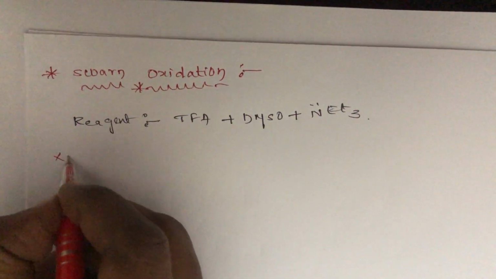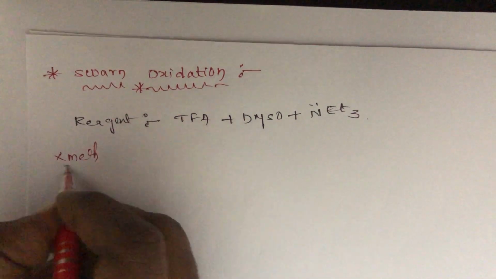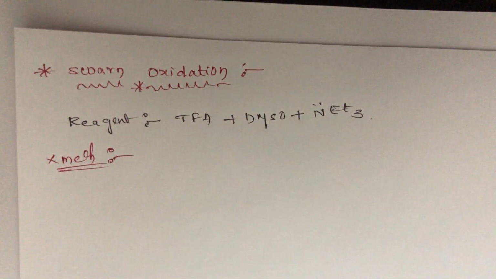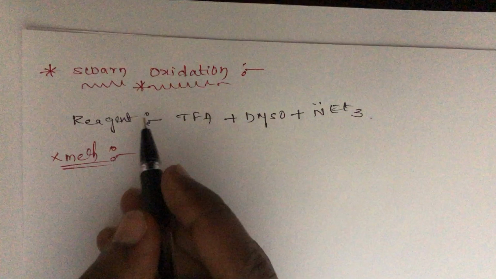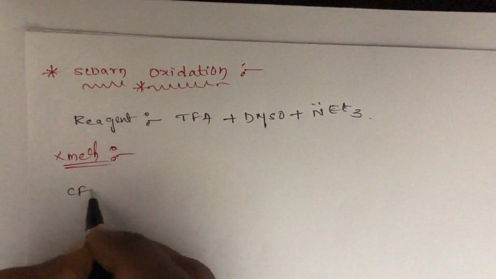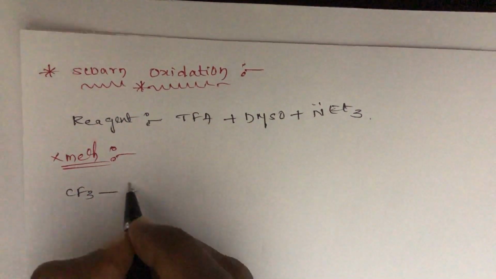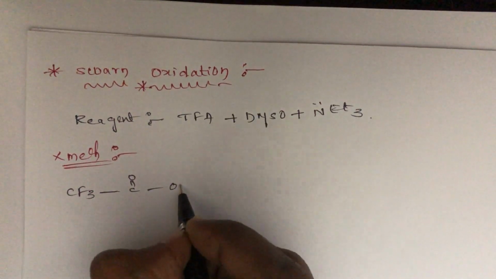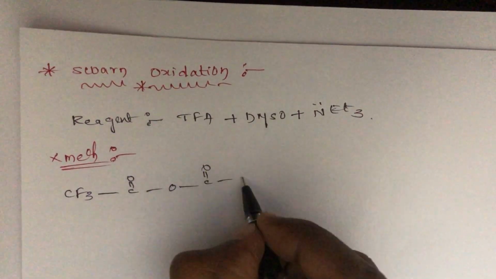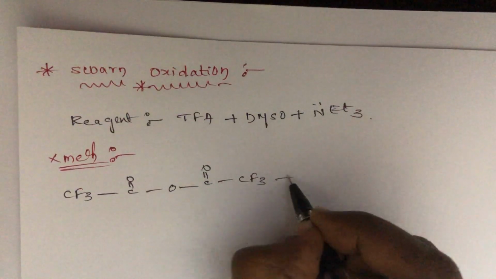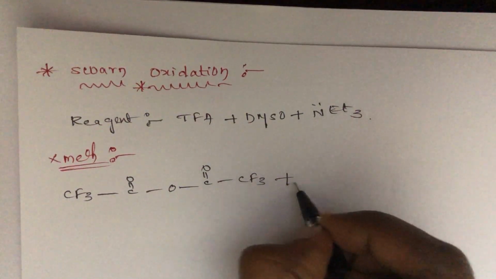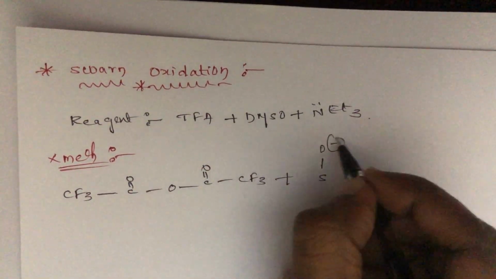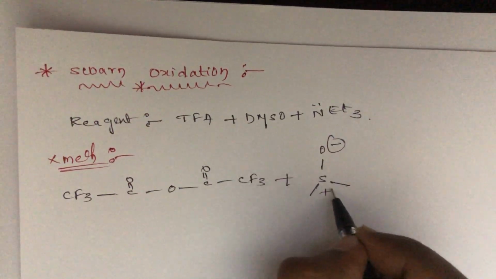If you see the mechanism, here I am going to explain about the mechanism right now. TFA, trifluoroacetic acid, this is for what? Trifluoroacetic acid is treated with DMSO. You can write DMSO like that.